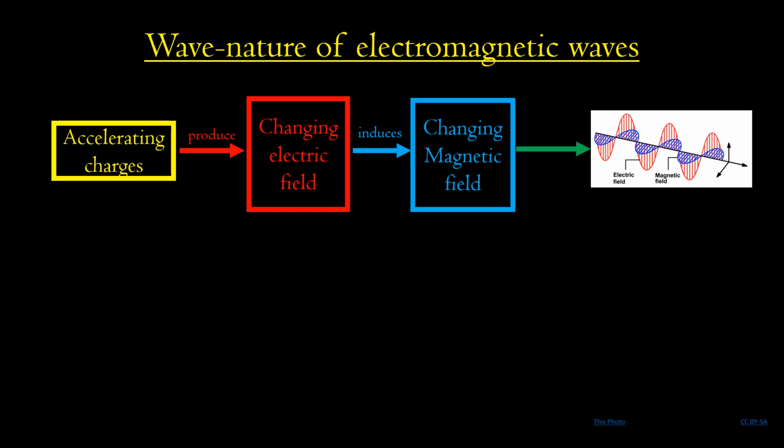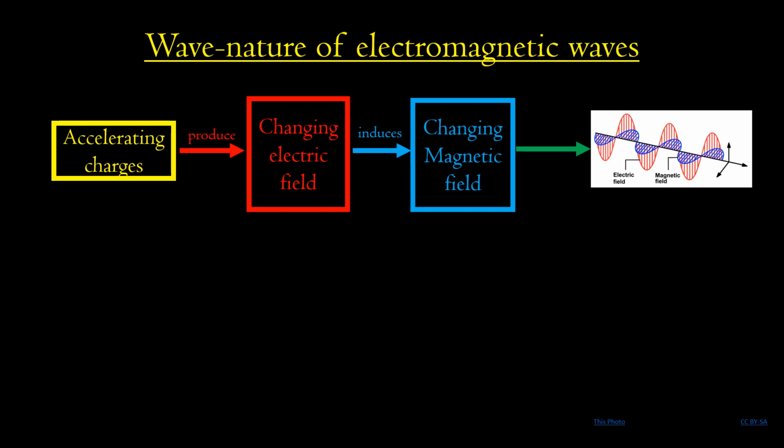So an electric field creates a magnetic field. A magnetic field in return creates an electric field. An electric field in turn creates a magnetic field, on and on. And that's how an electromagnetic wave propagates or travels.